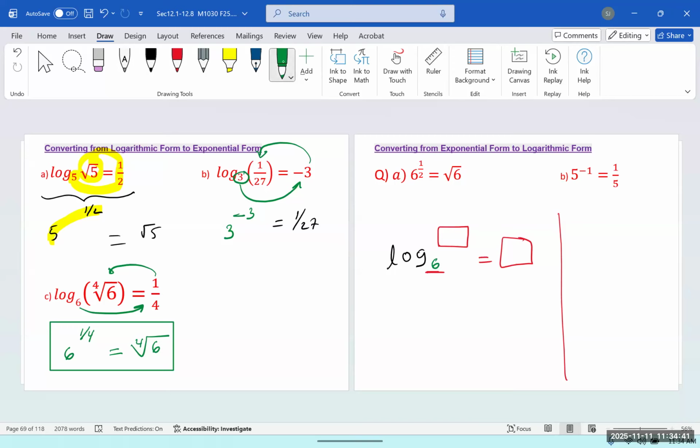The argument, this is the argument. Okay, let's check. 6 to the power 1/2 should be equal to the argument, which is square root of 6. Yep.